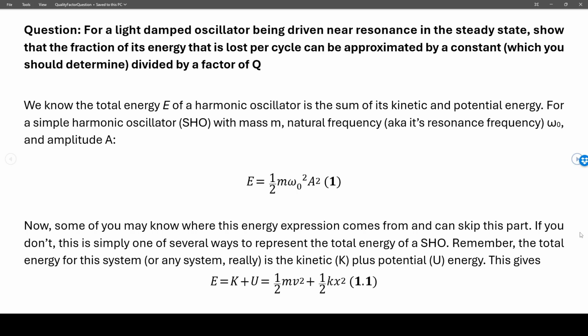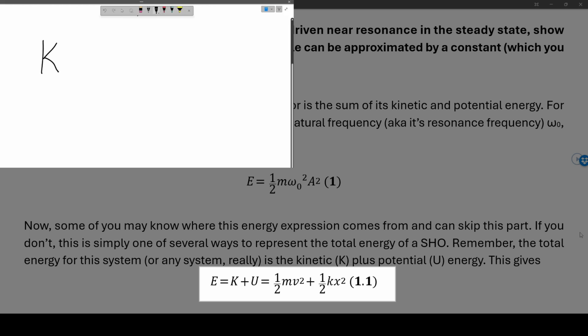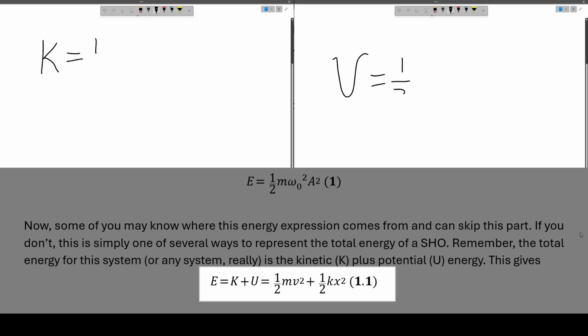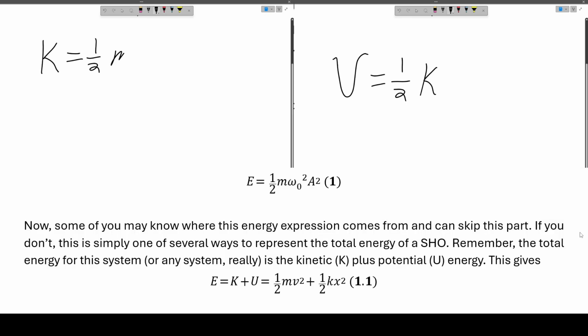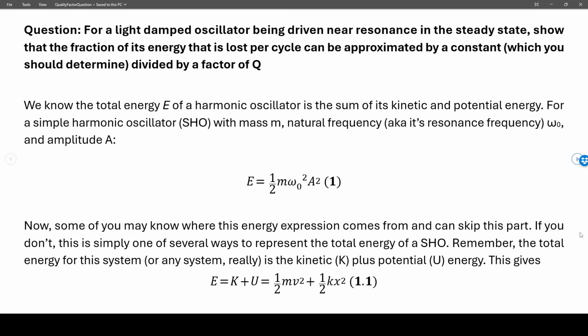Now remember that the total energy of the system is based on both the kinetic, the K, and the potential, the U, which for a simple harmonic oscillator can be written as 1/2 mv squared plus 1/2 kx squared, where v is the velocity, m is the mass, x is the displacement from equilibrium, and k, more commonly known as a spring constant, we can think of as the potential constant, because this scenario works for springs and really any simple harmonic oscillator.